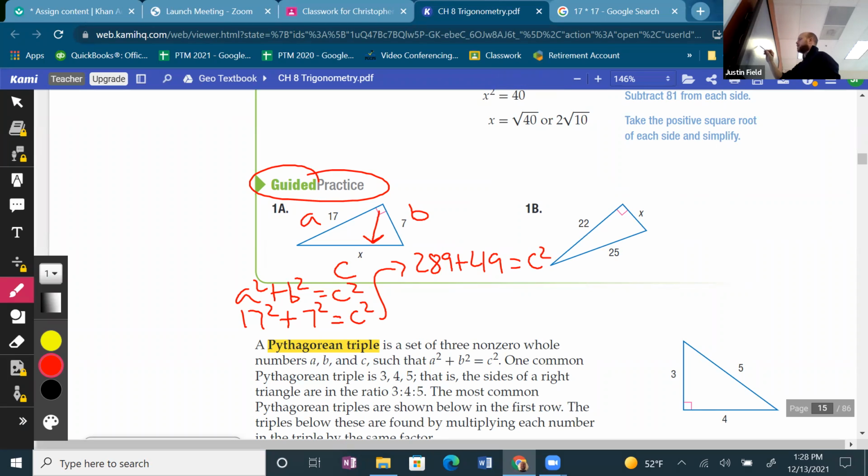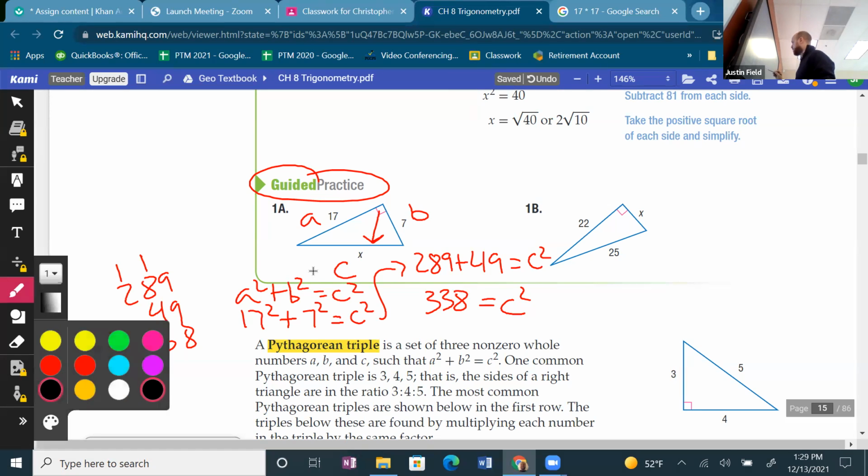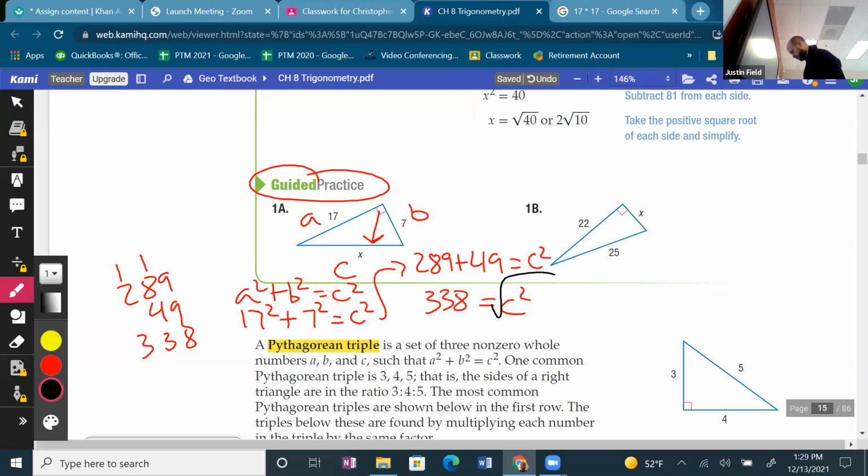And then 289 plus 49 is 338. And then we square root both sides, and we get c equals the square root of 338.